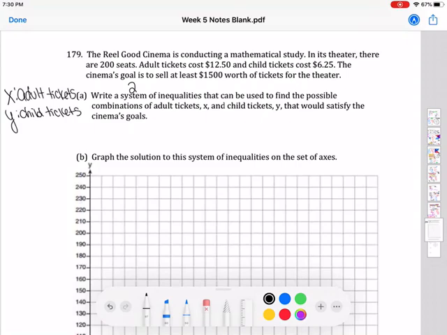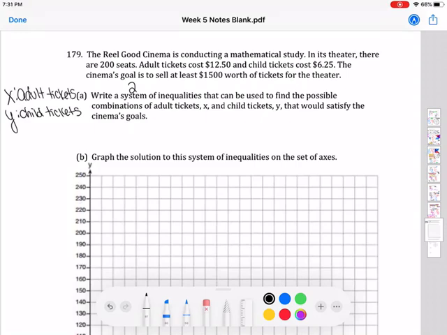And this step isn't necessary to write out what they are. I just think it looks a lot easier when you write it off to the side rather than it being written in here. So X represents the number of adult tickets. Y represents the number of child tickets.